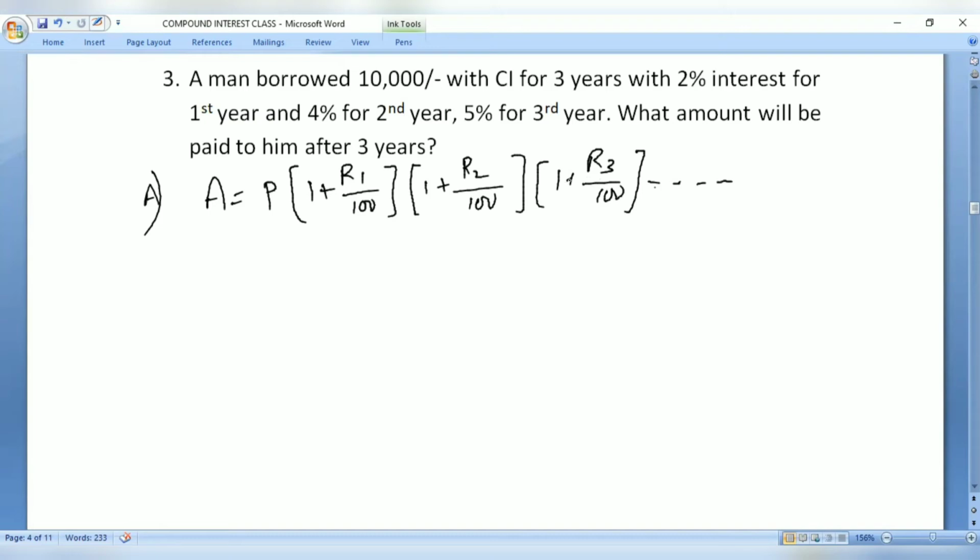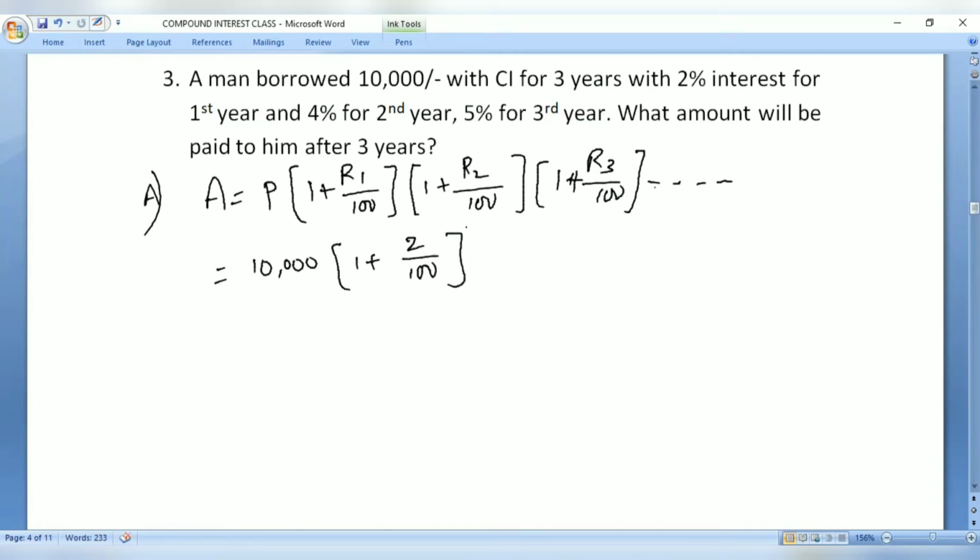Okay. Whenever a principal is given to you and for every year the rate of interest is changing, to calculate the amount, the formula is this: P into 1 plus R1 by 100, into 1 plus R2 by 100, into 1 plus R3 by 100 and so on. So with this, principal is 10,000. 1 plus first year rate of interest is 2%, so 2 by 100.